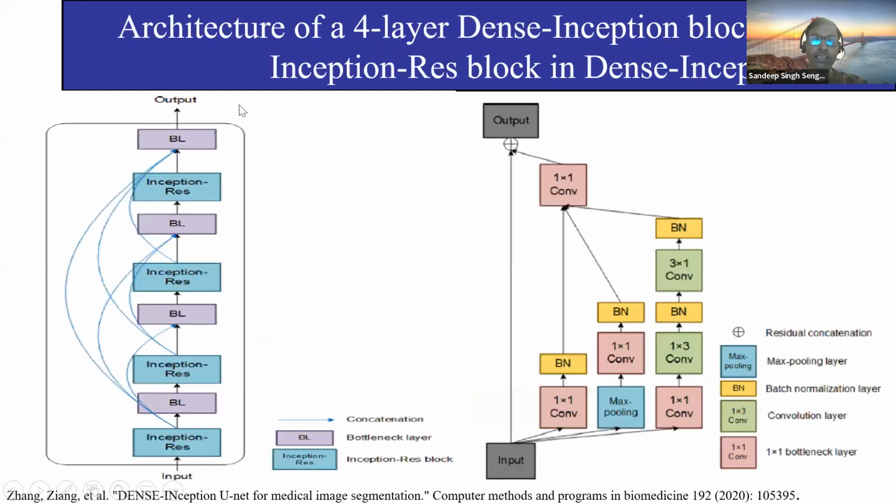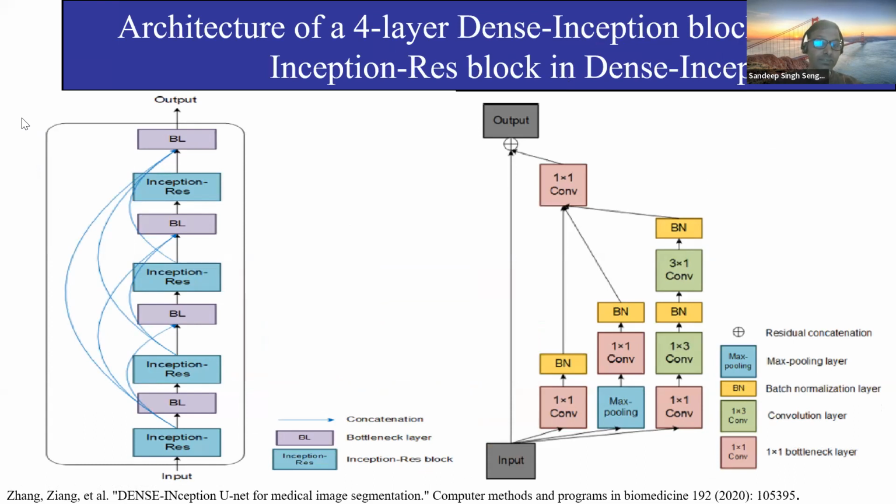In the same way, there is also the dense inception block, which you have seen here. In this dense inception block, we take the input, then an inception residual block, like a bottleneck layer, then another inception residual block. This is a very complex one, and lots of connections are there in between.